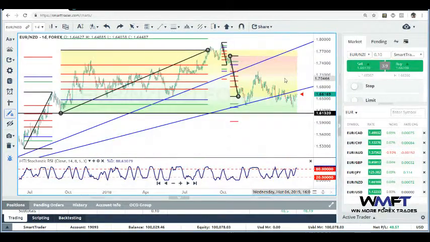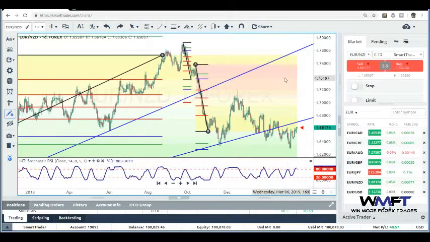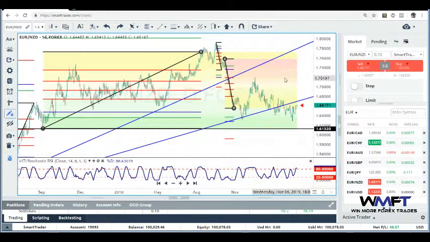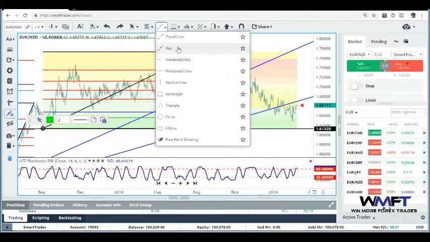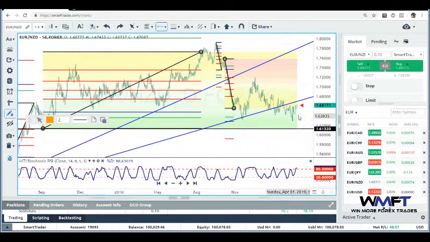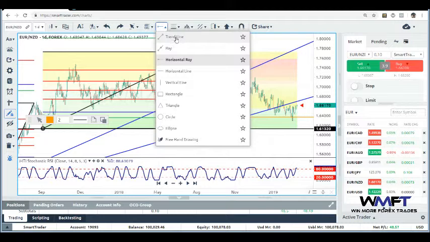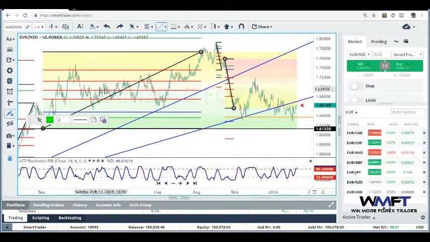With that being the case, we want to be careful here because the market has found a lot of support right here at the 118 extension. So the market's finding support there and it's going up, and then we have this descending pennant here.